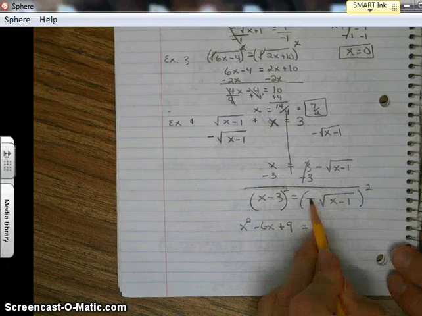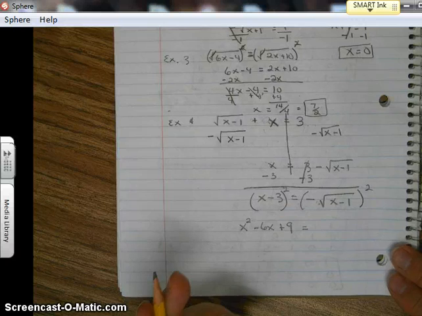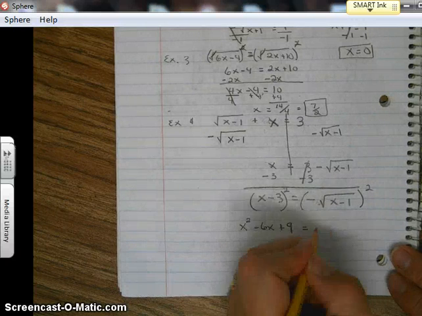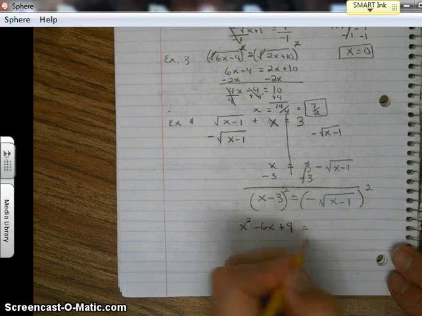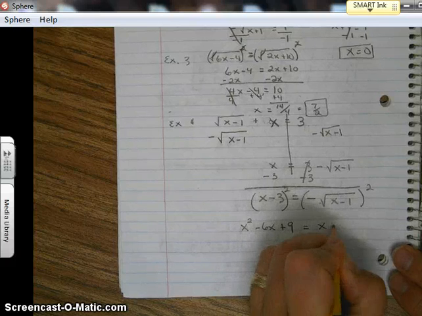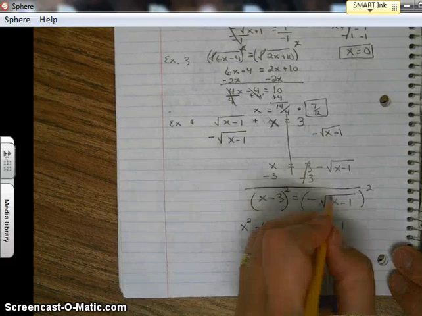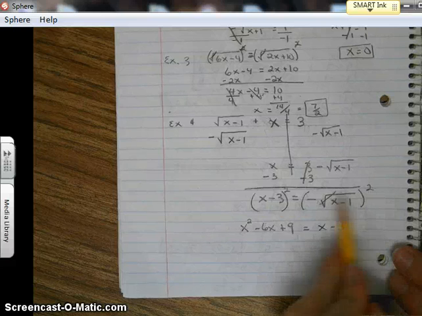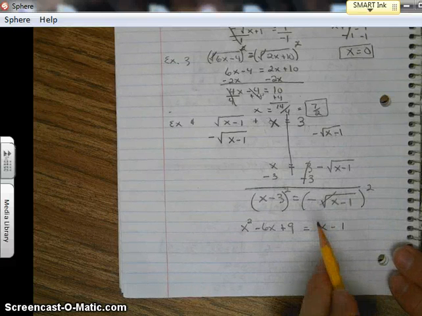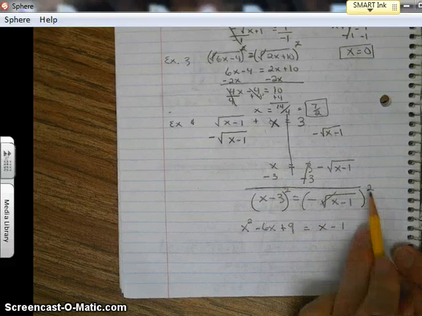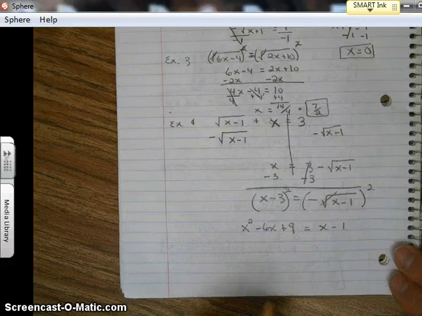If I square a negative 1, I get positive 1. Yay! And then if I square this, the square root goes away. So I squared the negative 1, I get positive 1. I square the square root, they cancel.